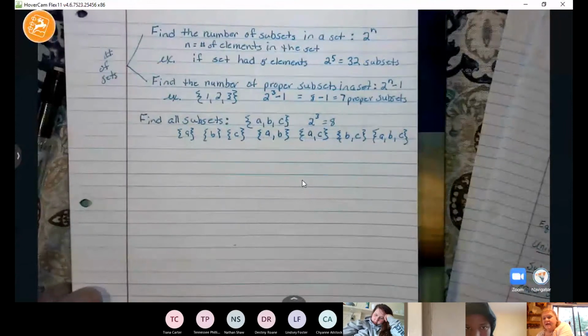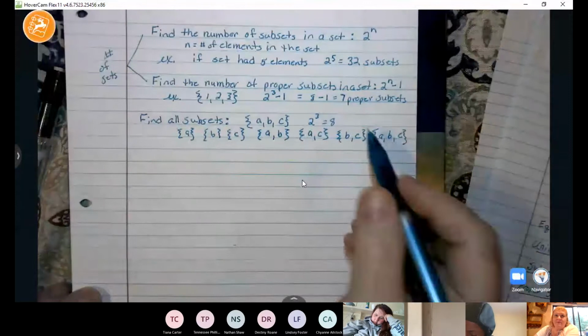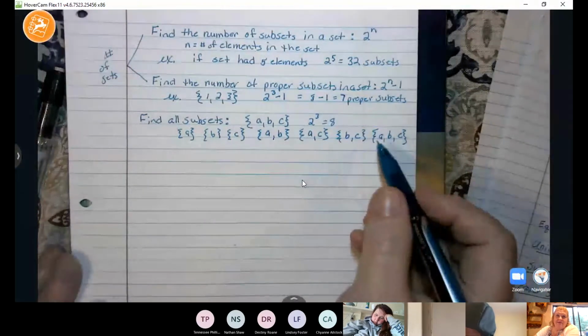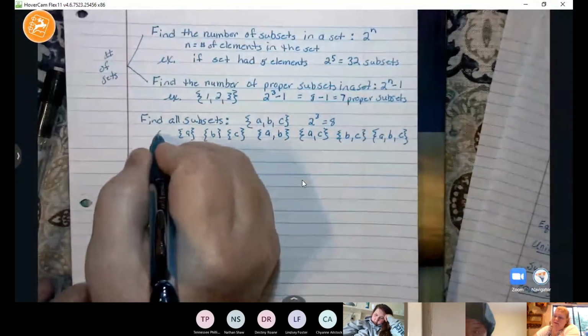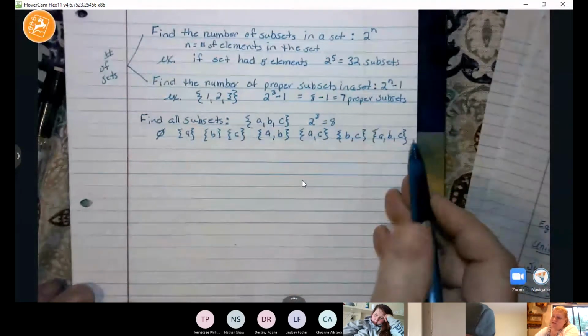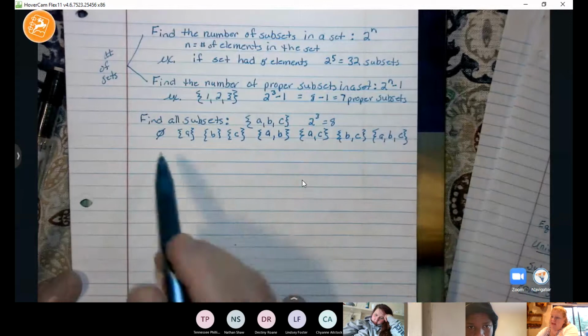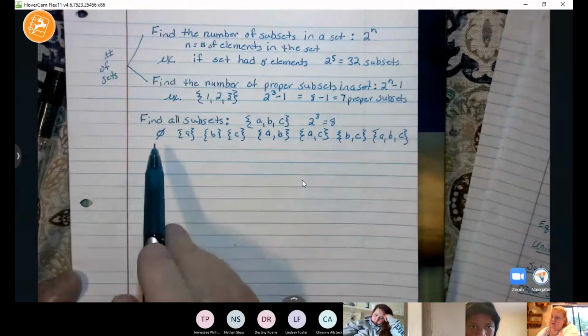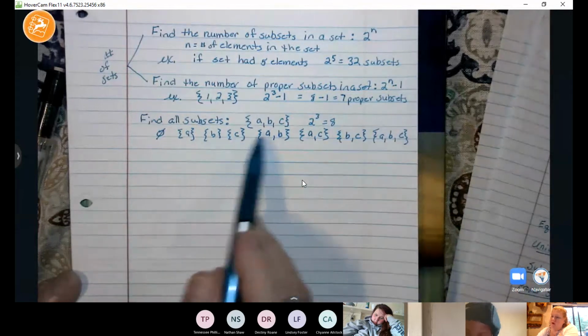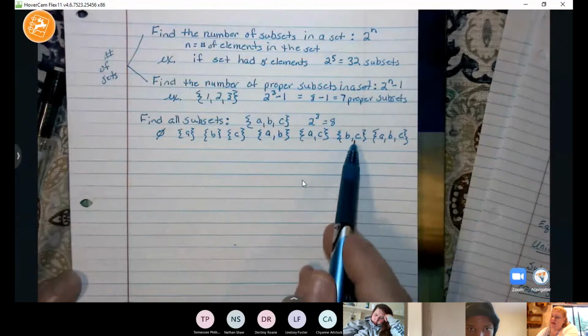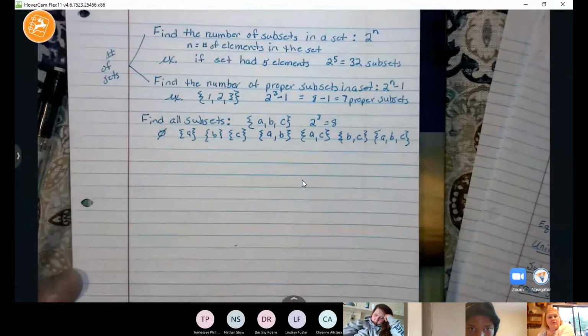If I'm trying to find all the subsets, what is the member of all the subsets? The empty set. We include the empty set in our list of subsets. So that gives us the total of 8. 1, 2, 3, 4, 5, 6, 7, 8 for our total of finding all the subsets.